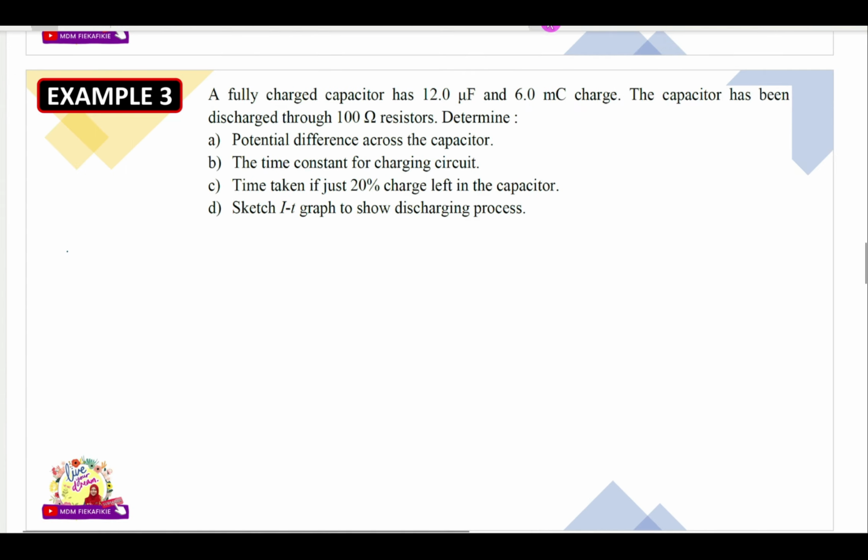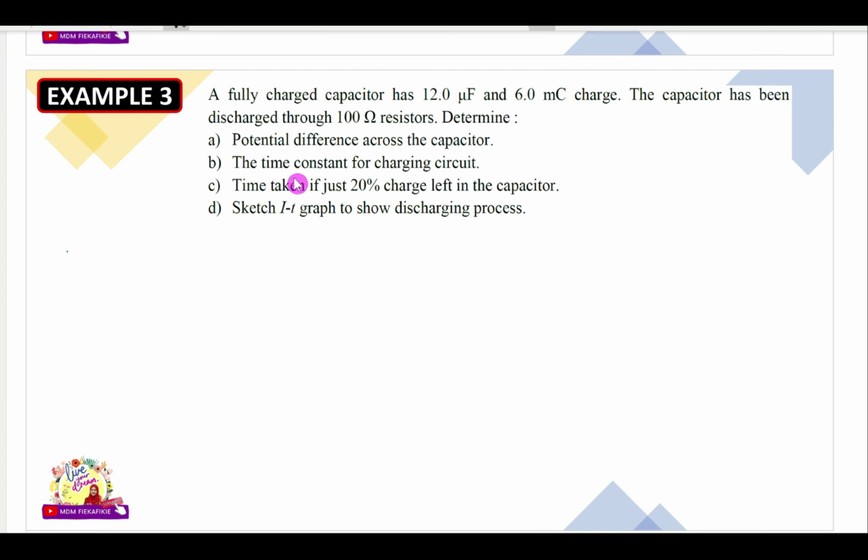Okay, question number 3. So a fully charged capacitor has 12 microfarad and 6 millicoulomb charge. So the capacitor has been discharged through 100 ohm resistors. So determine potential difference across the capacitor.